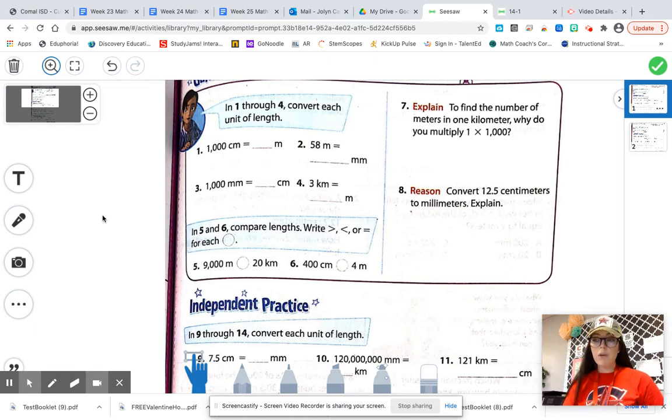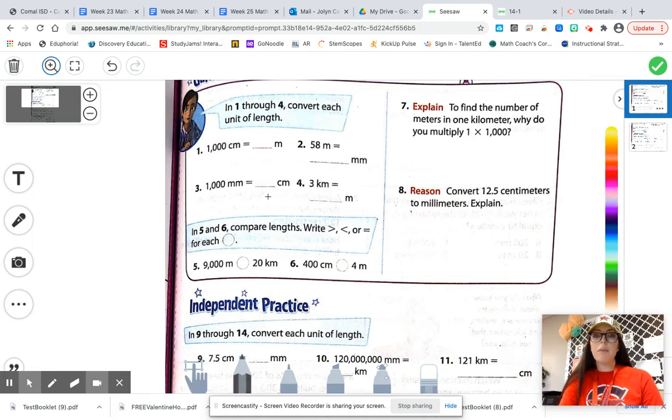So using your star reference sheet, we're going to be taking, number one, 1,000 centimeters and converting it into meters. Well, on our star reference sheet, this one's fairly simple because we know there's 100 centimeters in 1 meter. So we're going to do 1,000 divided by 100.